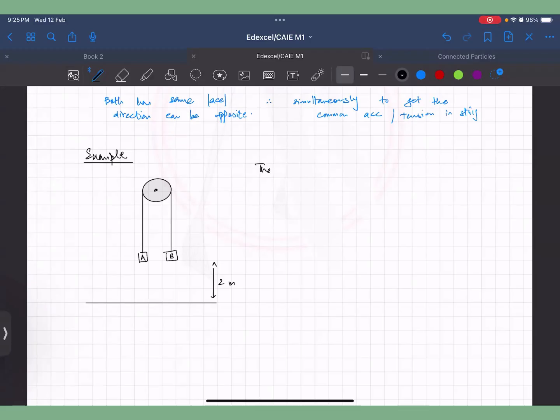The masses of A and B are 2.5 kg and 3.5 kg respectively.